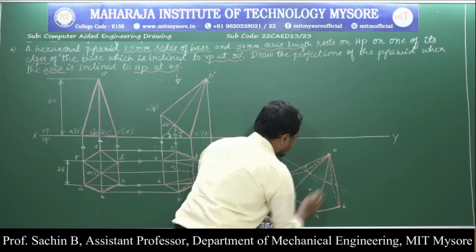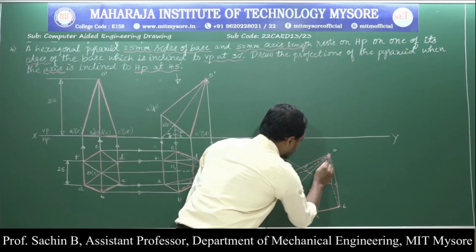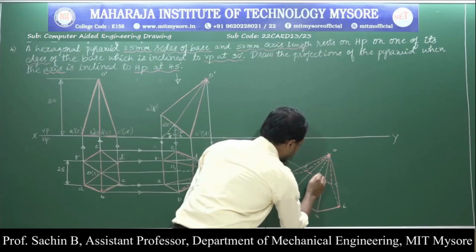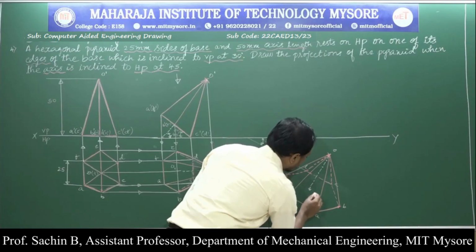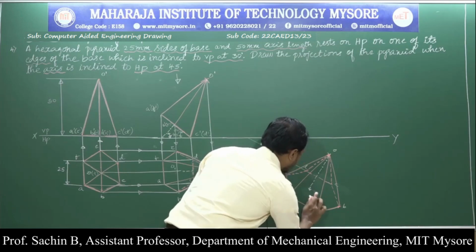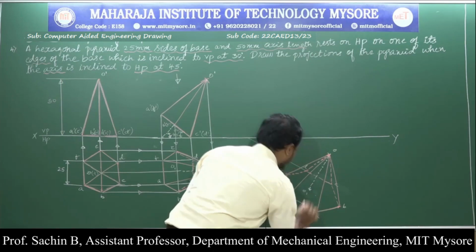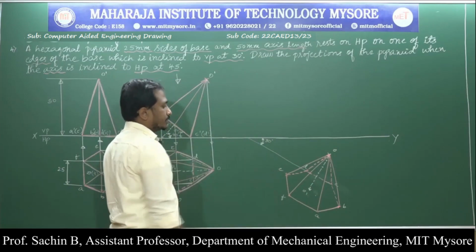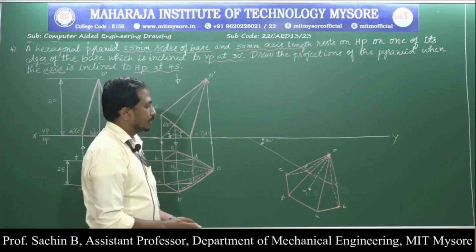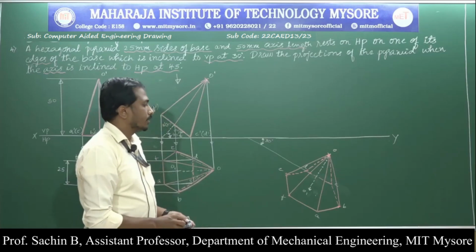Next I will join the axis. This is the O1 point. Okay, now in the last position, the base edge, that is the resting edge, is inclined at an angle of 30 degree.